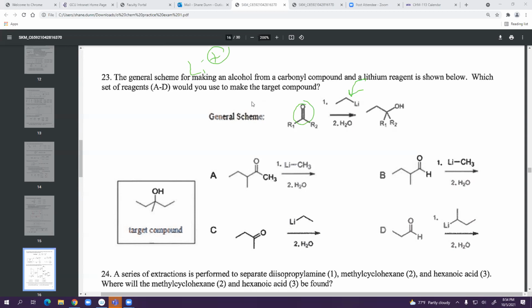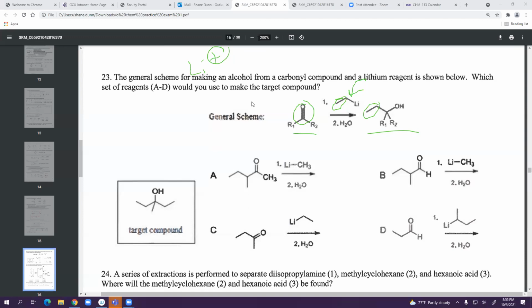So I basically have two carbons right there. Those two carbons are going to get added to my ketone molecule. Do you see that? Here's where they came from.